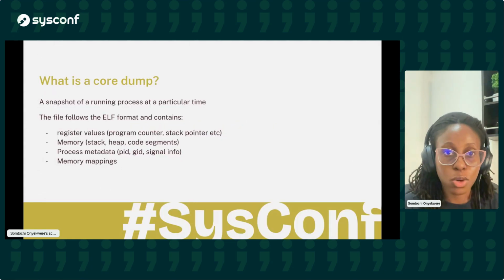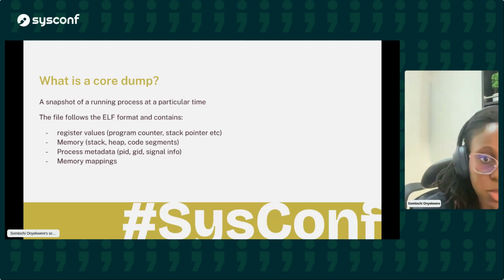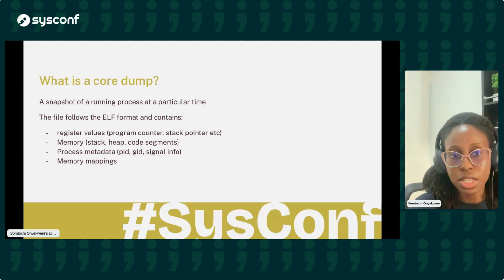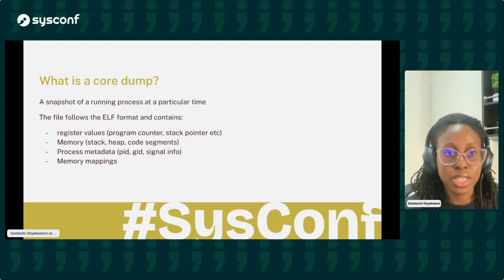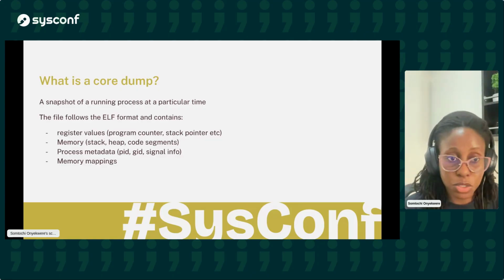So what are core dumps? A core dump is a snapshot of a running process at a particular time. It basically takes all the contents of the memory, registers, the stack, the heap, any memory-mapped files that the process might have been using.